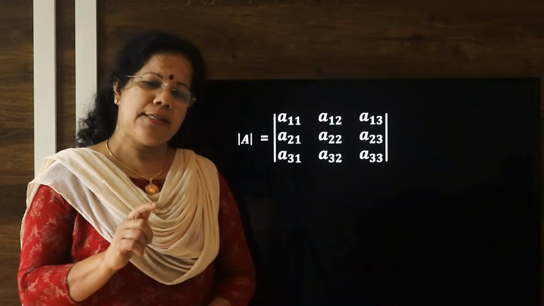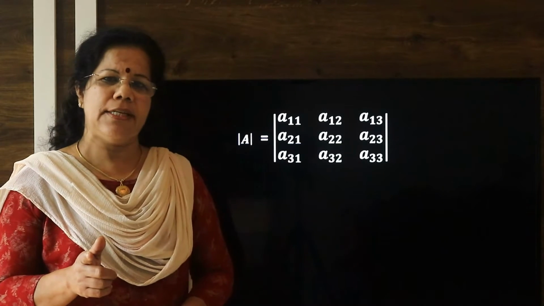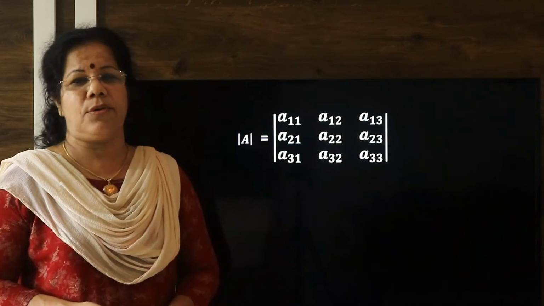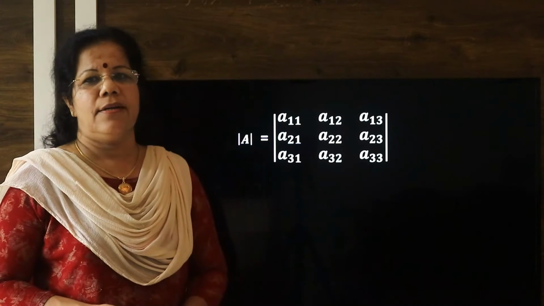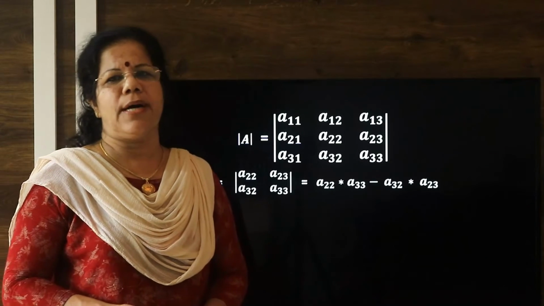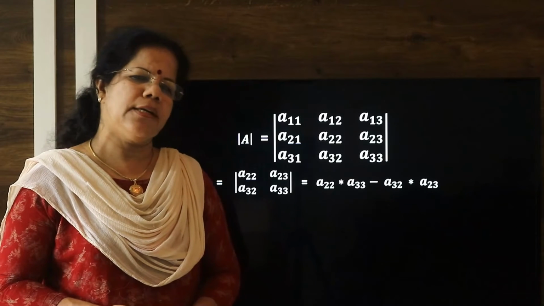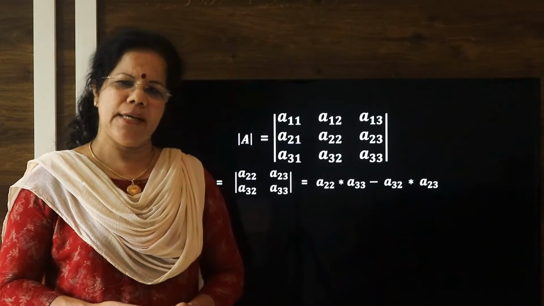When the determinant A is a 3 by 3 determinant, the minor of each element will be a 2 by 2 determinant, the order less by 1. The minor of A11 is denoted by M11. In general, the minor of Aij is denoted by Mij.